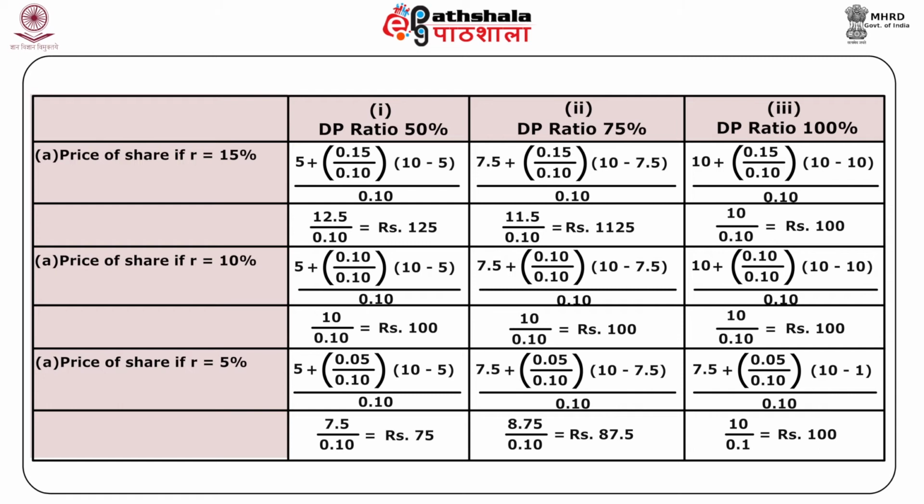When R is 10%, we get a share price at 50% payout ratio of rupees 100, at 75% payout ratio it is rupees 100 and at even 100% payout ratio it is rupees 100. When R is 5%, at 50% payout ratio share price is rupees 75, at 75% payout it is 87.5 and at 100% payout ratio share price is rupees 100. One can see it on the screen.